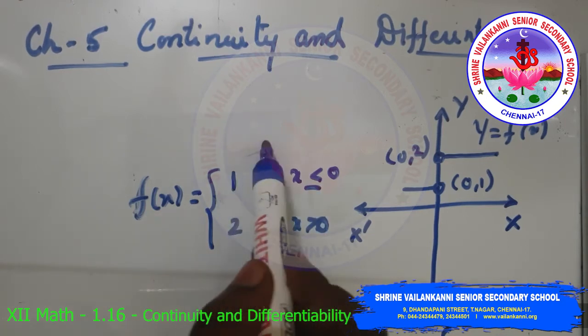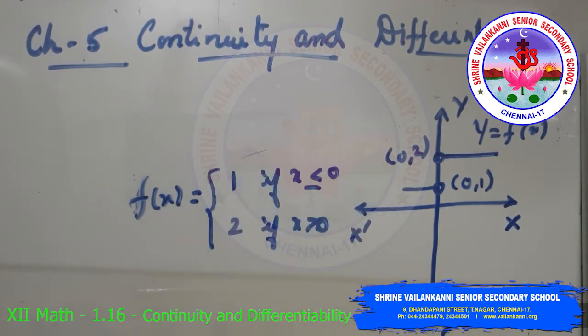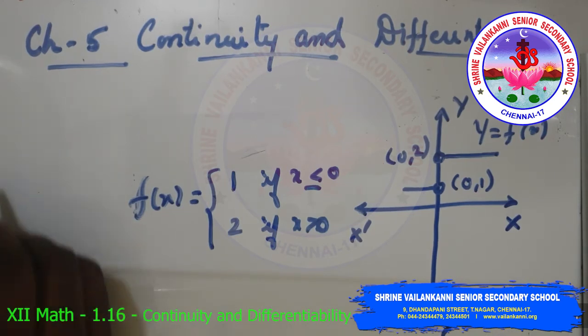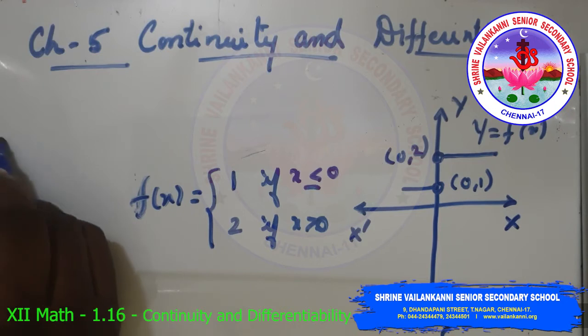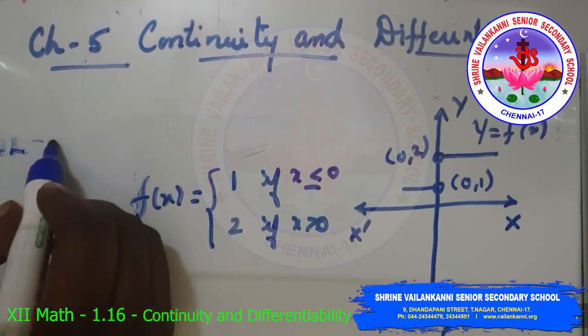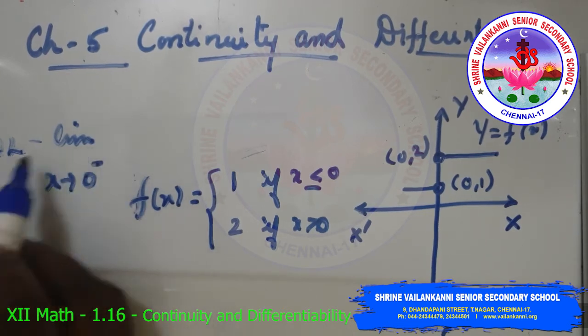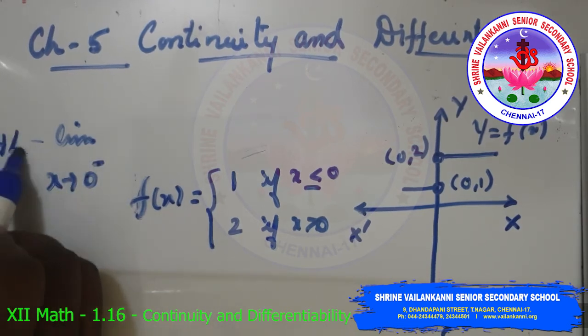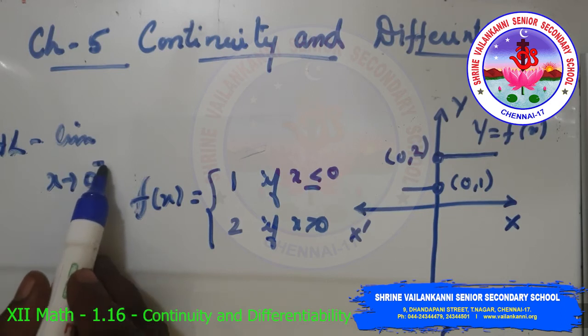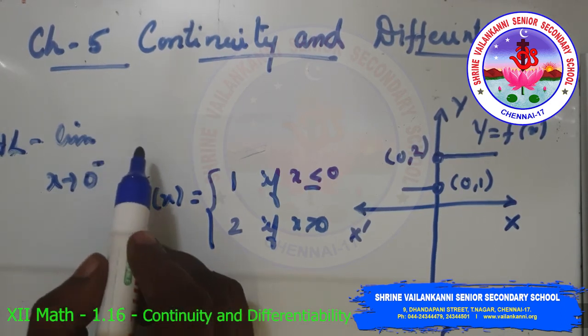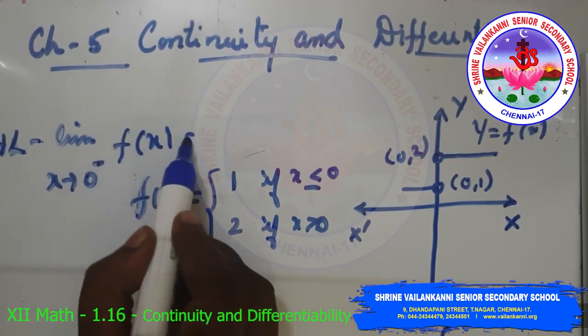When x is less than or equal to 0, f of x is 1. That is, the left hand limit of f of x at x equal to 0, denoted by limit x tends to 0 minus f of x, is equal to 1.